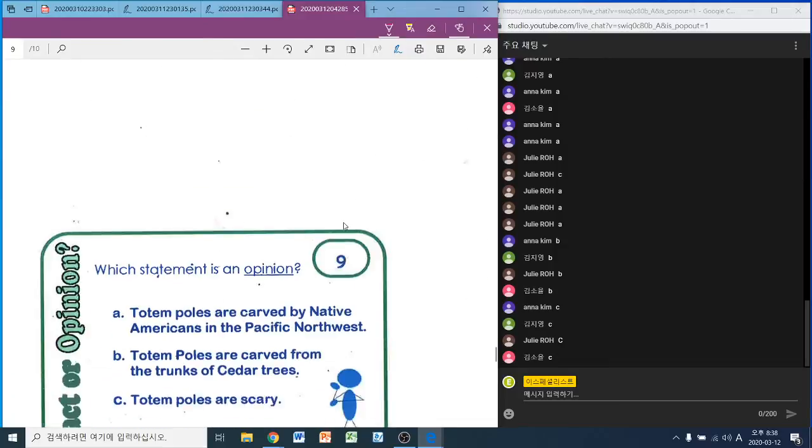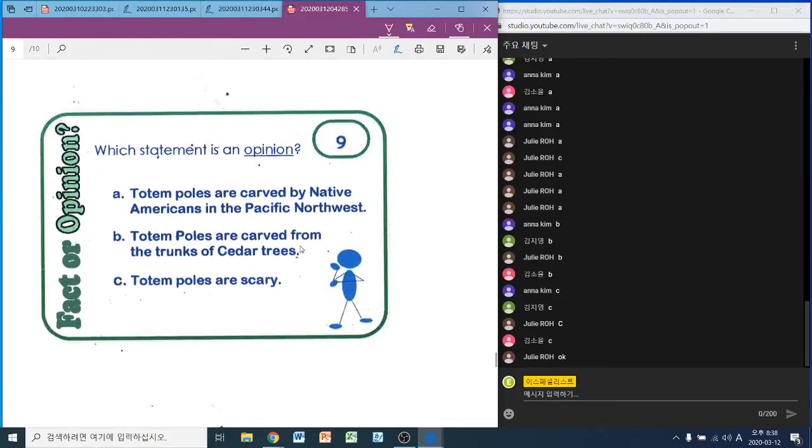Alright, on to the next one. Which statement is an opinion? A. Totem poles are carved by Native Americans in the Pacific Northwest. B. Totem poles are carved from the trunks of cedar trees. Or C. Totem poles are scary. Think of your answer, type it down, and 3, 2, 1, send your answers.